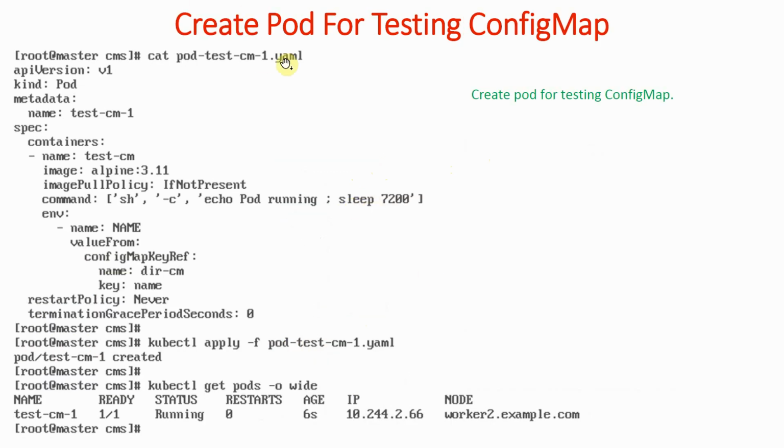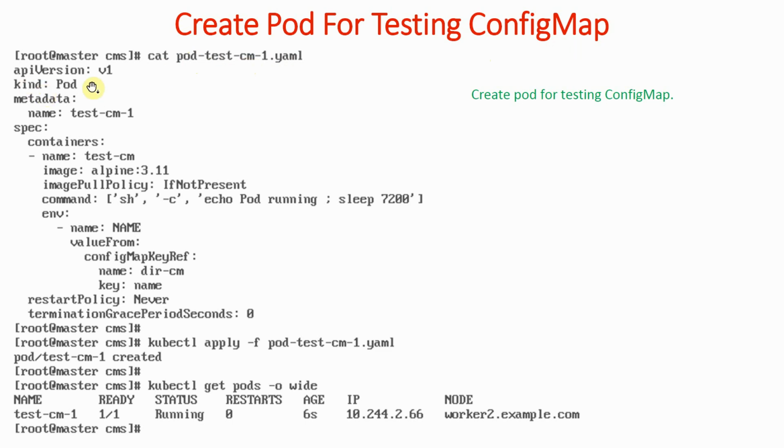Now what are we going to do? Now we are going to create a pod for testing the config map. So here we are going to create one pod. The name of the pod is going to be pod-test-cm1. You can name files according to your requirement, but in our case we are creating a pod and we are testing, and cm means we are testing the config map.